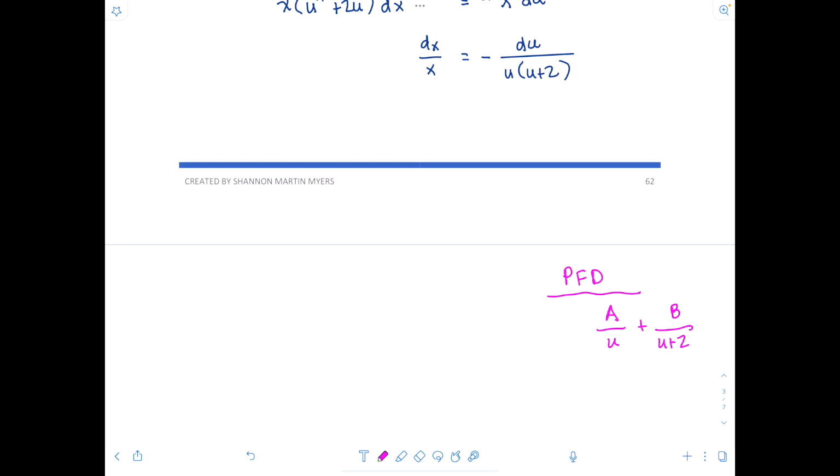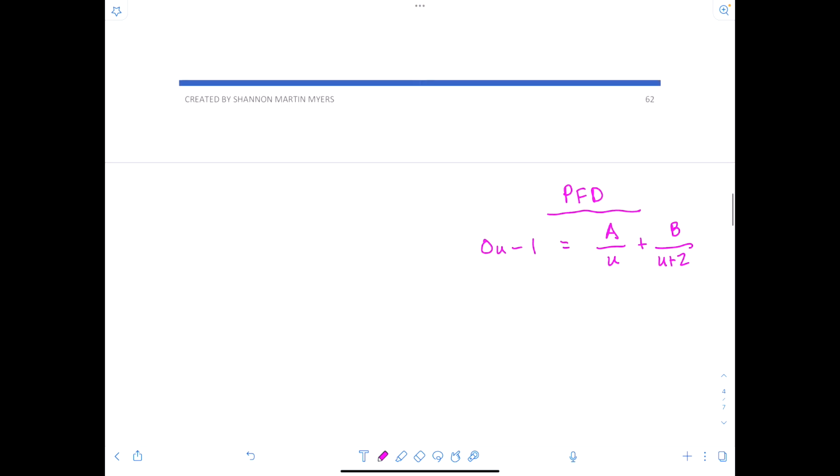These are linear factors. I'm going to need a u term, so I'll have 0u, and then minus 1 equal to that. Now I get a common denominator, all over u times u plus 2, and I'll have 0u minus 1 equals Au plus 2A plus Bu.